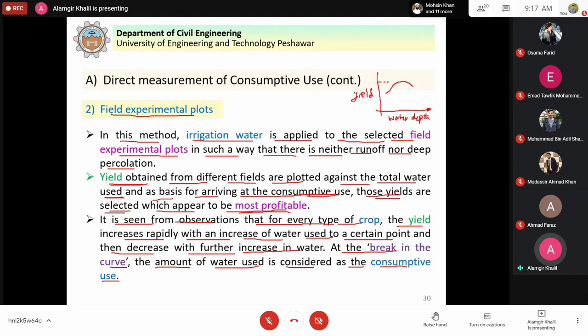You can see here that for that water where we have maximum yield, at this point, this depth of water that is required will be the optimum depth of water.